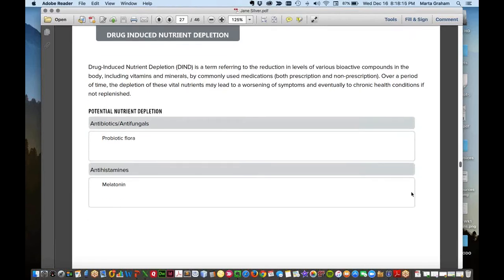And so as much as we want to look at the patterns of imbalance, we also want to look to some degree at causes. And this is an immediate reminder to the practitioner of the ways in which a patient might be depleted because of exposure to medications, and then also what to do about it.